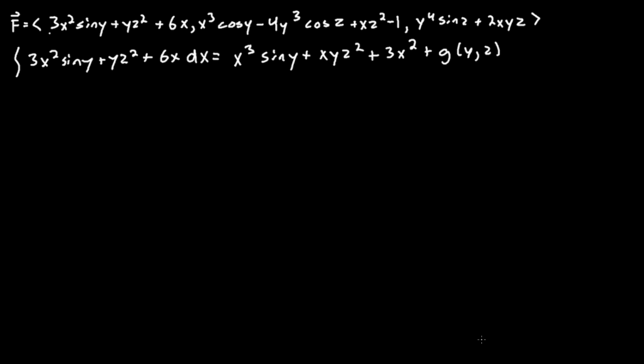So remember, if you take the x partial of this, any terms that aren't dependent on x and are just dependent on y or z will get canceled out. So we will have some function that takes that into account, which is the g in this case.